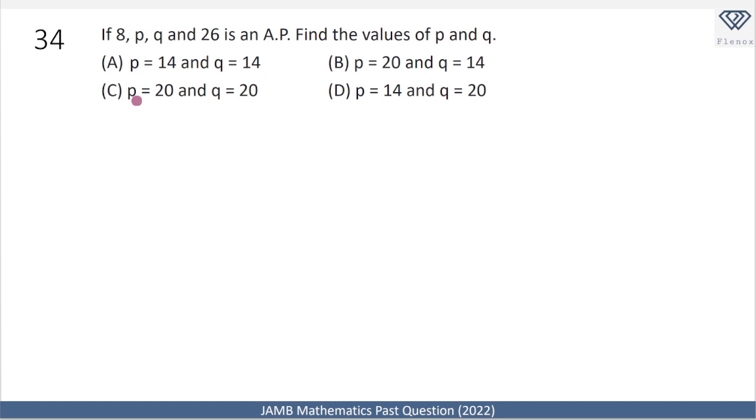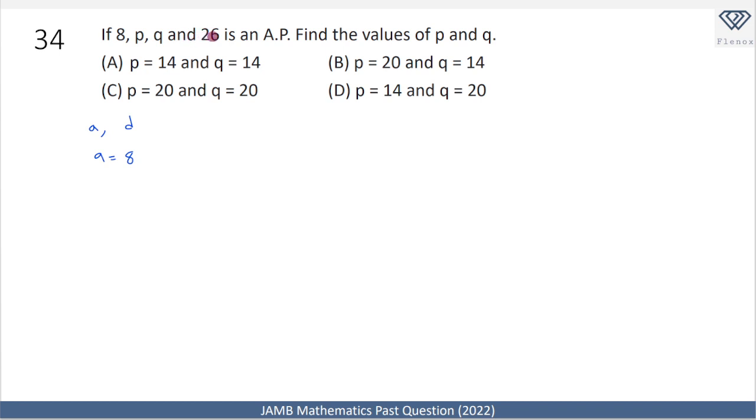Now, an arithmetic progression is defined by the first term A and the common difference D. Common difference is just the difference between each consecutive term in the series. Now, we know that the first term A is what? We know that the first term in this case is 8.